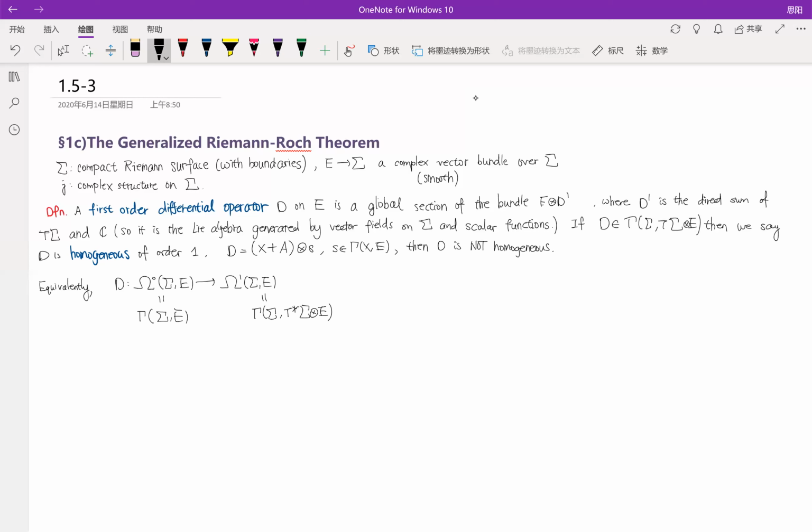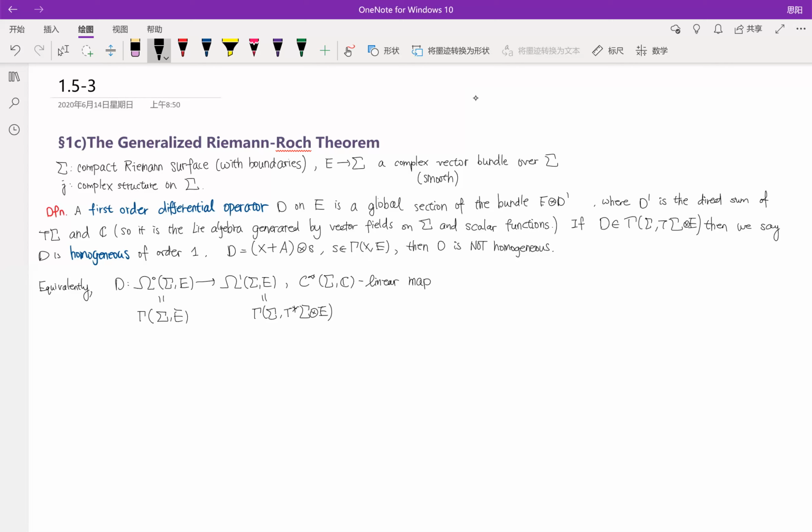So we can view D as a C infinity linear map, such that it is a first order derivative.